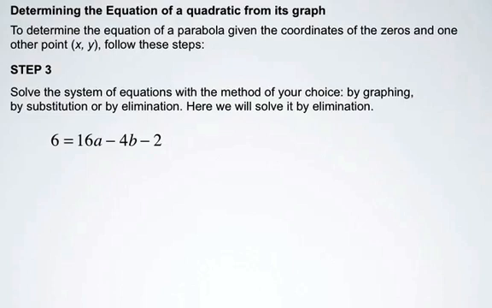That was 6 equals 16a minus 4b minus 2. Our second equation was 1 equals 36a plus 6b minus 2. This was using the y-intercept and x2, y2, the coordinates of our second point.